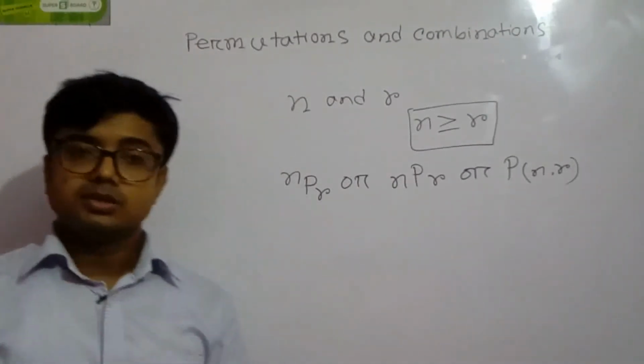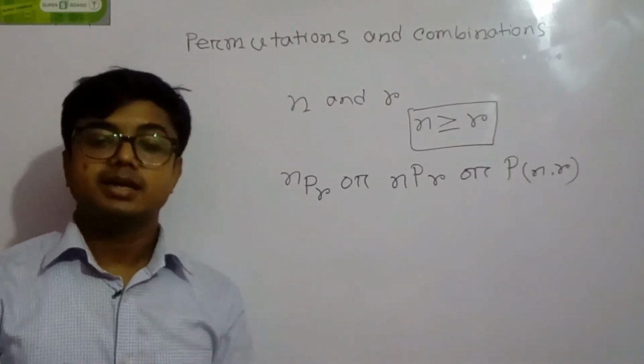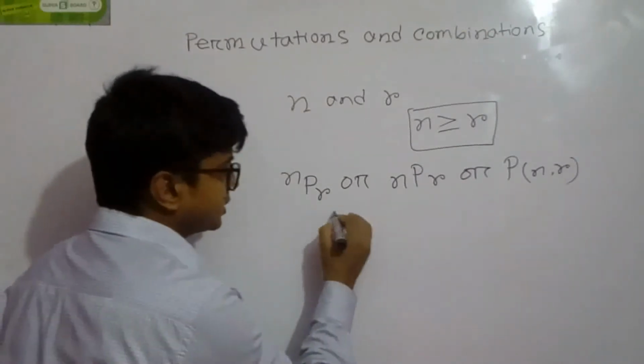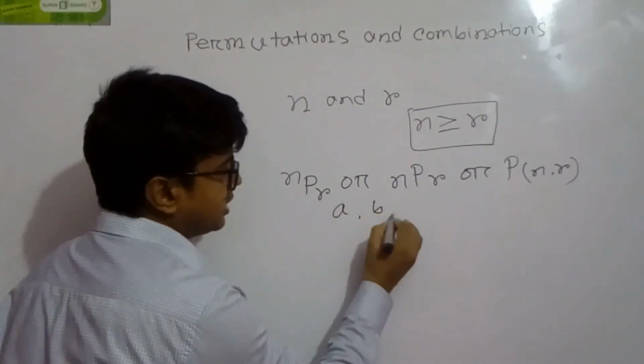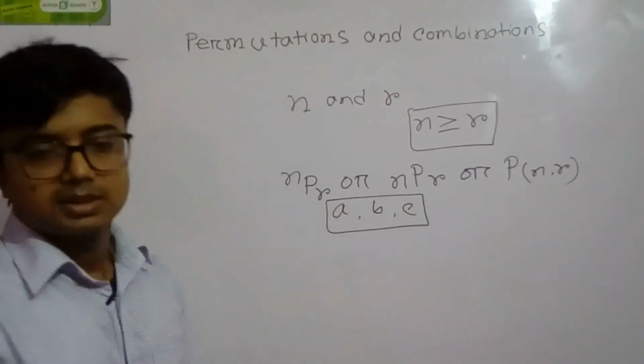Now for example, taking 3 at a time out of the letters A, B, C, 3 letters here.